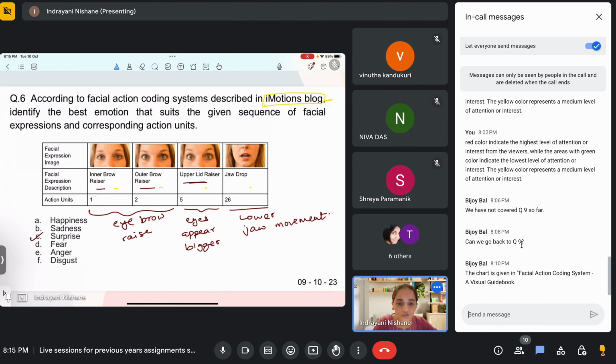If you have any confusion about how to detect emotions through different action units, that detail is mentioned on iMotion's blog: how many action units there are, and how each AU is helpful in detecting which sets of AUs will give you a particular emotion. All that is given on iMotion's website. So if there is any confusion, please read the blog.